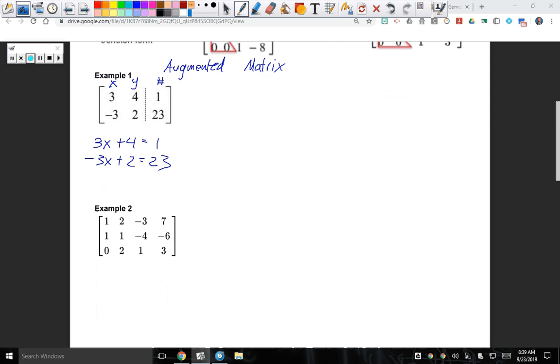This is what you were used to looking at it as last class. Okay? The only difference is that, oops, I forgot the y. 4y and 2y. So 3x plus 4y equals 1. Negative 3x plus 2y is equal to 23. Again, imagine that on this line is where that boundary is, where the equals line up. Okay?